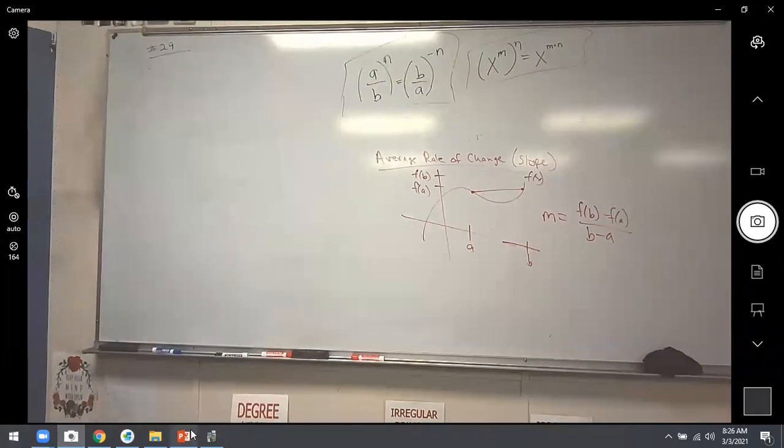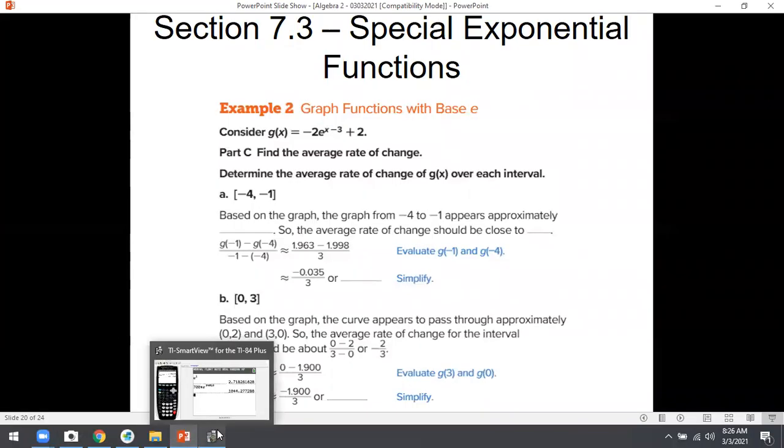So let's do part A. Part A says, for this function that we already graphed a minute ago, what's the average rate of change on the interval -4 to -1? That was roughly our graph, correct?